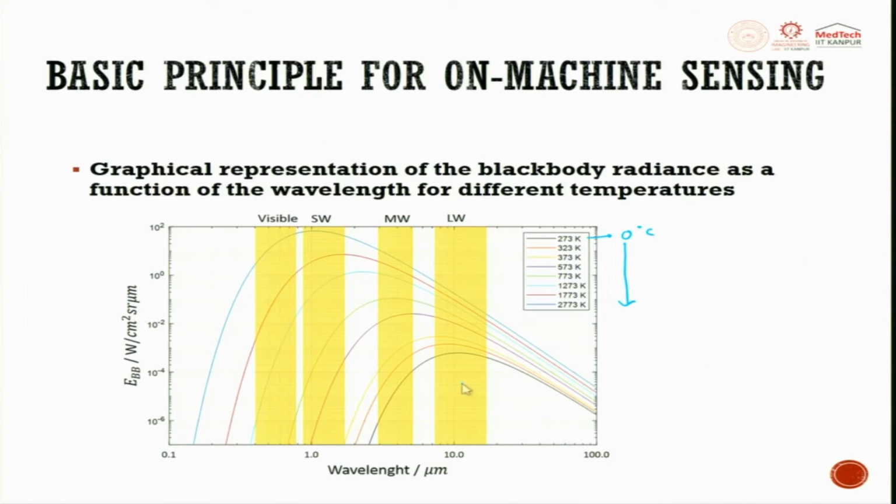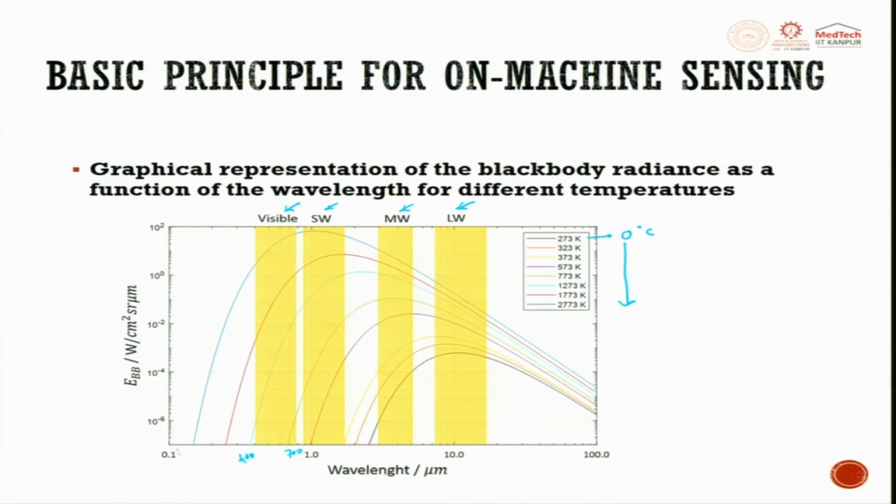You can see visible, short wave, medium wave, and long wave in terms of electromagnetic radiation. This is the wavelength. When I say visible, it is 400 nanometer to 700 nanometer. Here you can see the representation of radiance.